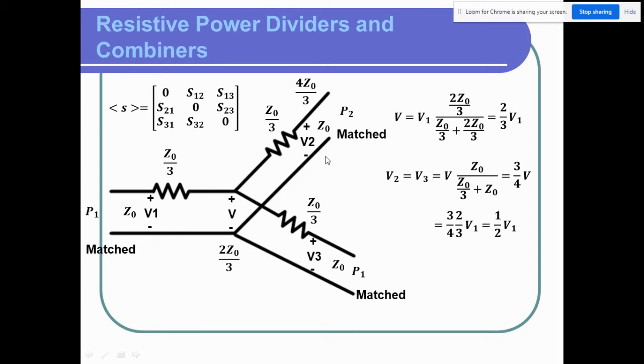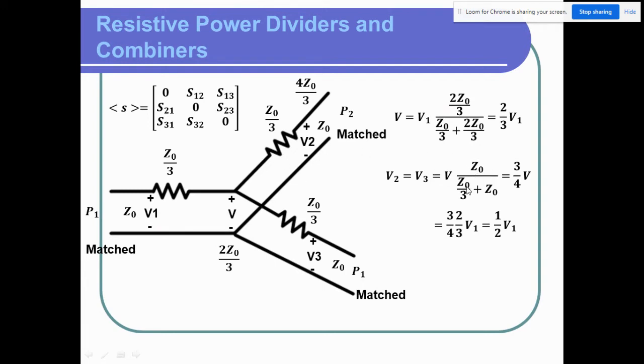Let us consider here first. This is in series with Z0, right? So V2 is across Z0. In a similar way to what we have done here, it is Z0 multiplied by V, because V is coming here.